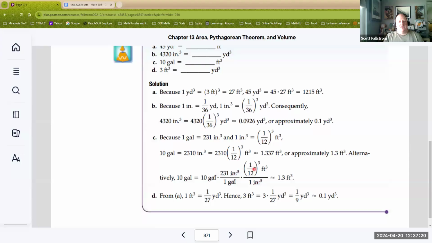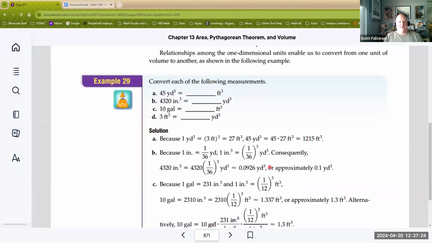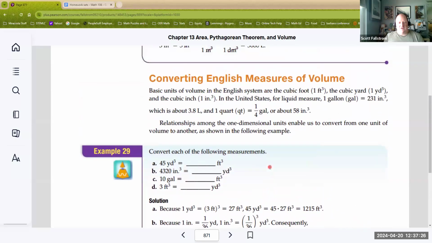All right. So again, all of these are very, very similar. Notice there are a few that I would say just have them jotted down on your note page, but I will give them to you on the test. If I ask you to do something with gallons, I will put this conversion on the test. I will say 1 gallon is 231 cubic inches.